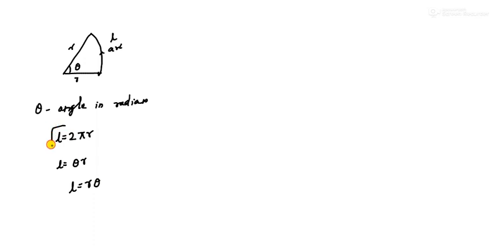This was for the complete circumference, but when we don't know the length of the arc as well as the angle theta, we take the length of the arc as r into theta, where r is the radius of the circle and theta is the angle in radian. While substituting, we will take the pi value as 22/7.